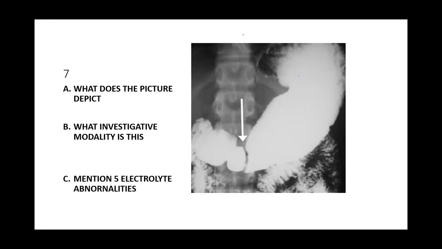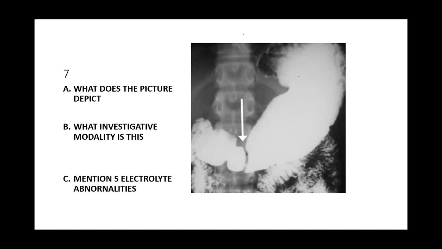There will be metabolic acidosis. Is it acidosis? Metabolic alkalosis, sorry, metabolic alkalosis, with paradoxical aciduria. So those are the electrolyte abnormalities.